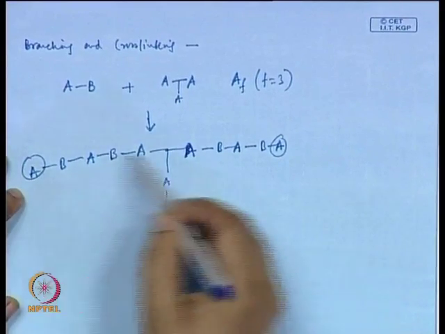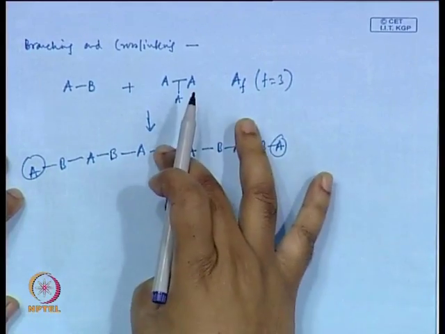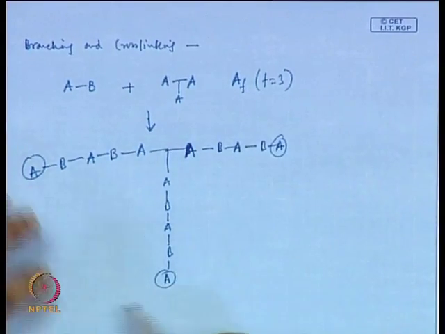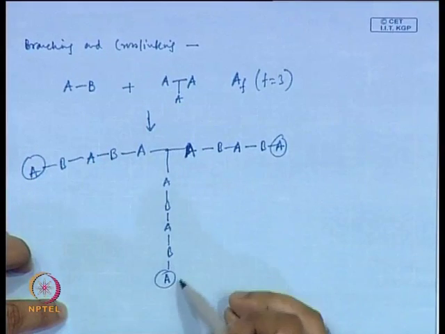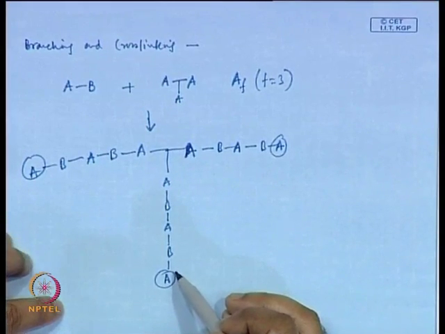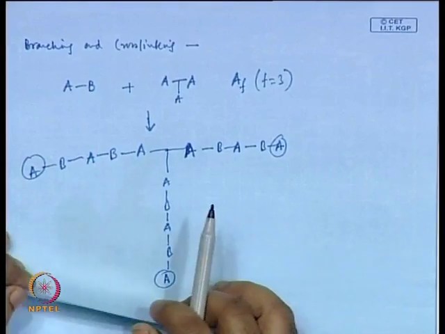Cross linking is when you have a branch or a connection between two chains. If I had a chain here, then this would have been a cross link. So, let us take another example.